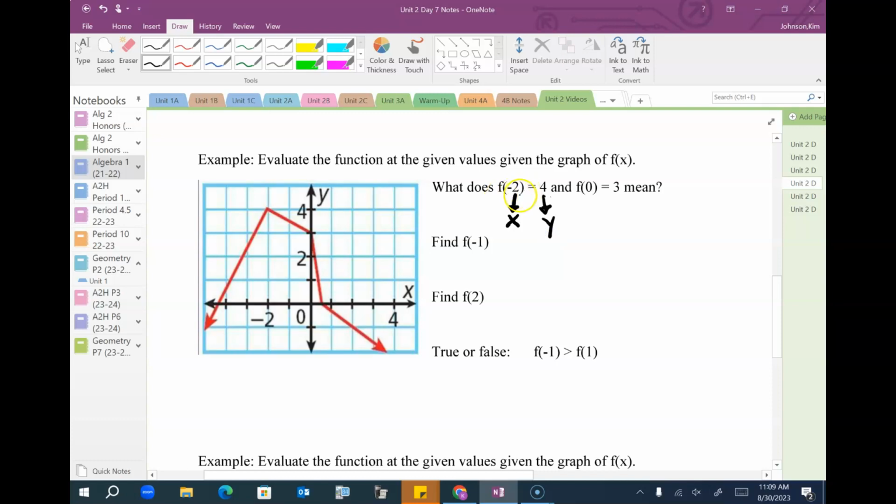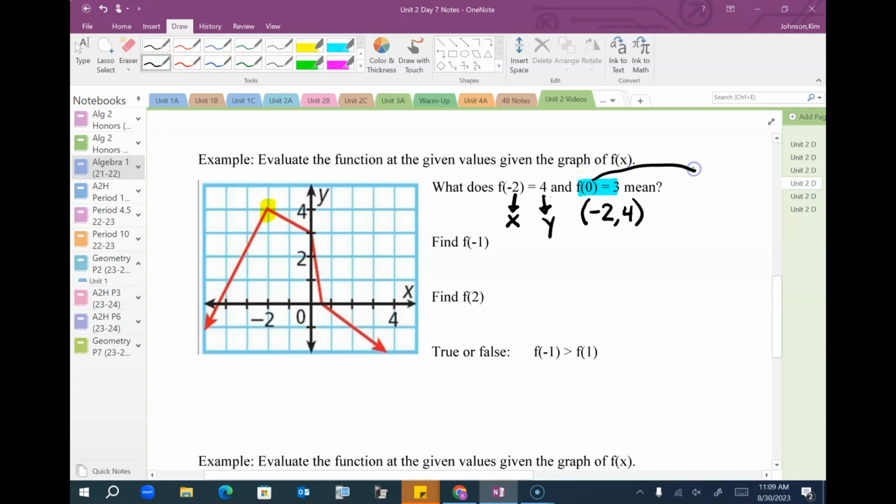So f of negative 2 equals 4 is saying when I put in negative 2, I get out positive 4, or it's the ordered pair negative 2, comma 4. If I look on the graph, I'm going to look for that point negative 2, comma 4, so go to negative 2 and then up 4, and that is in fact a point on the graph. Same thing I can do as far as interpreting the notation f of 0 equals 3.